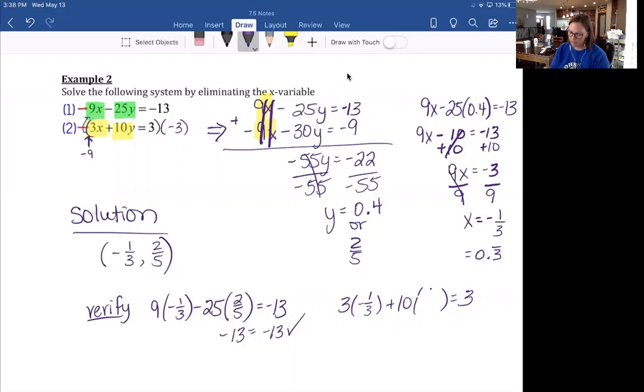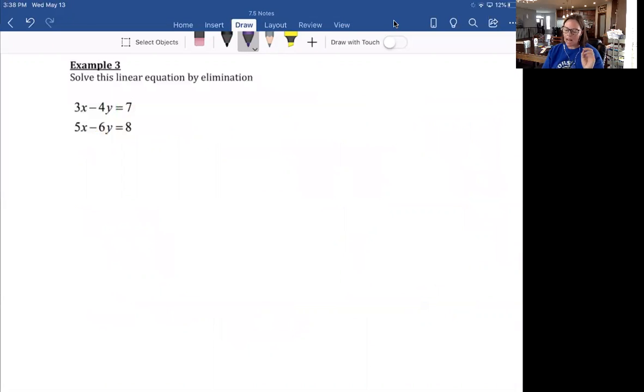Okay? Solve this linear equation using elimination. So again, you have to look at what you want to change. Why didn't my screen move with me? There we go. Okay. You have to decide what variable you want to eliminate. Do we want to eliminate the x's or the y's? In this situation, it could work.